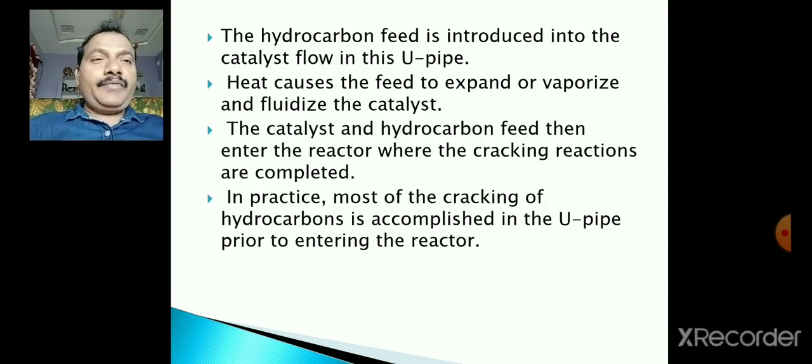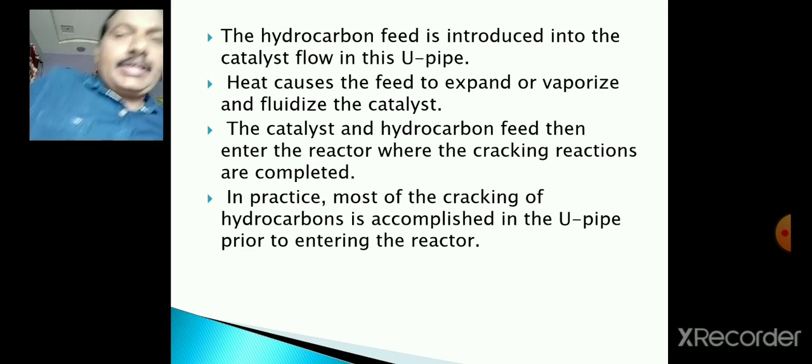So the hydrocarbon feed is introduced into the catalyst flow in this U pipe. That is the hydrocarbon feed. Generally, through the U pipe that we have seen just now, the heat causes the feed to expand or vaporize and fluidize the catalyst. The catalyst and hydrocarbon feed then enter the reactor, that is the olefin feed in this case.